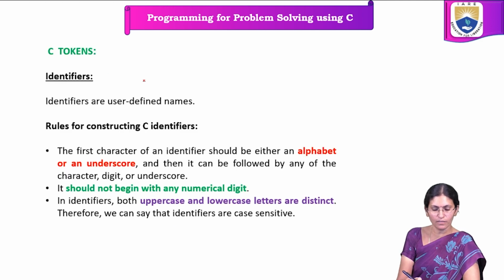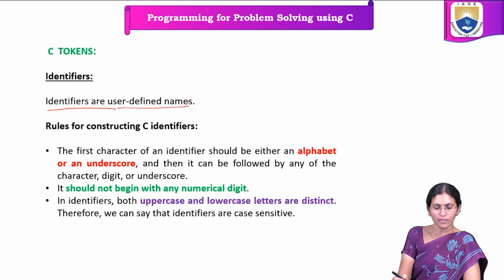Let us see some rules to be followed for constructing identifiers. Identifiers are user defined names, defined by the user. So there are certain rules to be followed for constructing a C identifier.